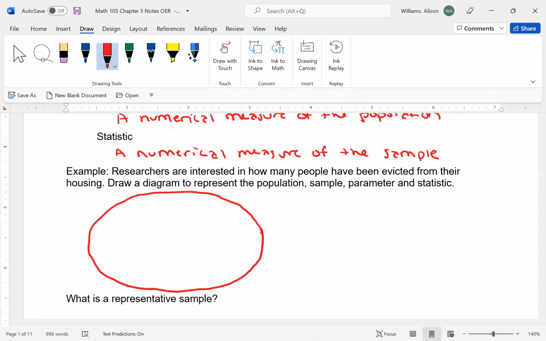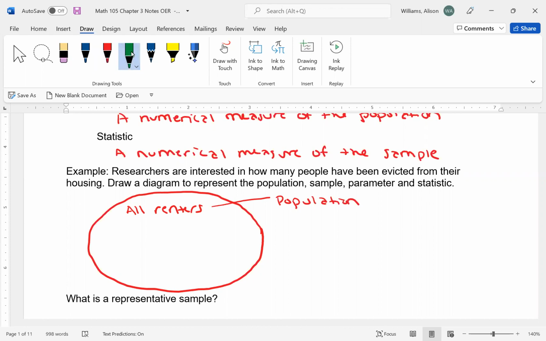I know that there are people who lose their homes, but typically that's foreclosure. So we're going to go ahead and assume that they're referring to people who rent. So these would be all the renters that they're interested in who are renting. And that would then be our population.